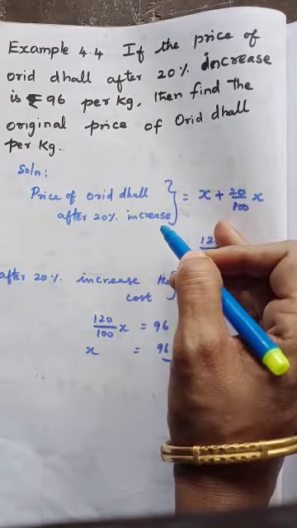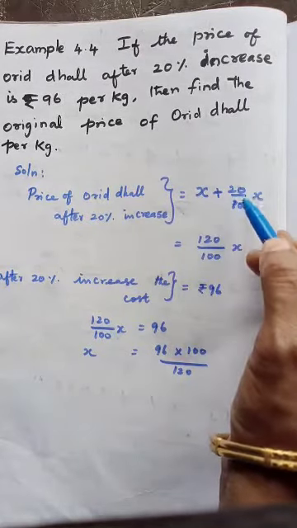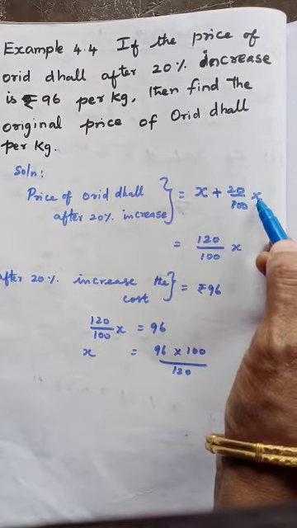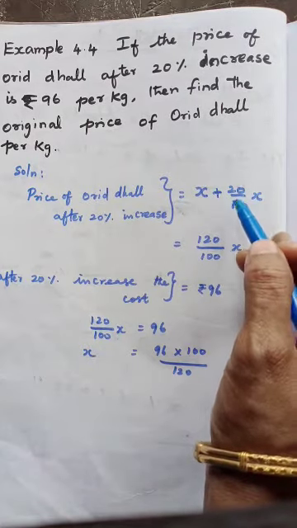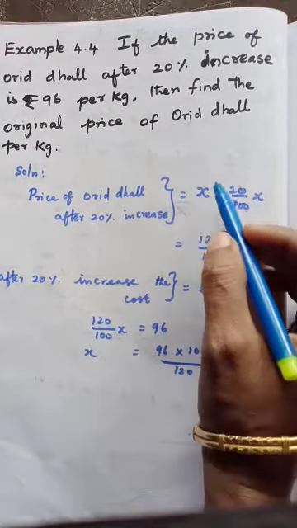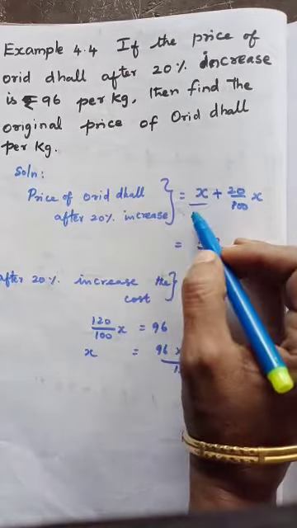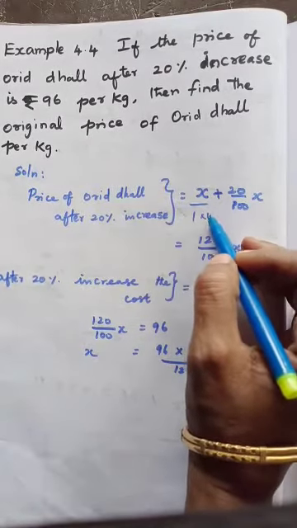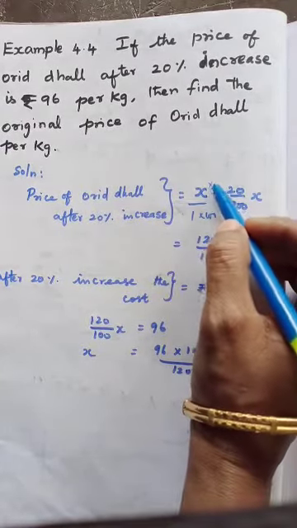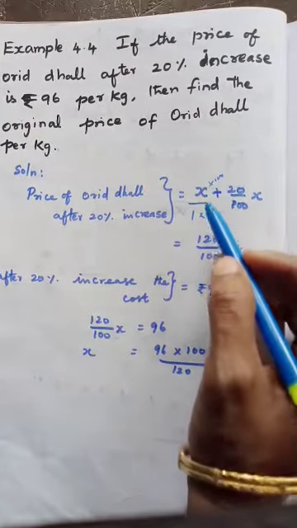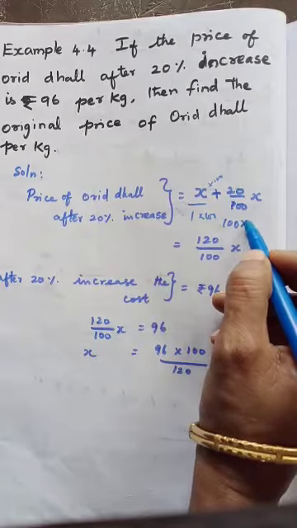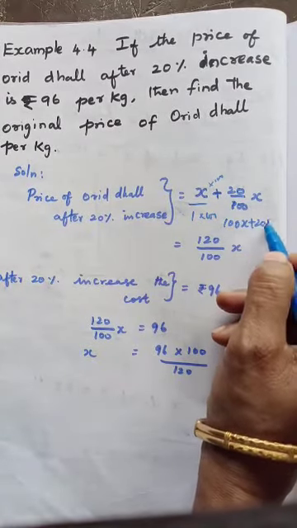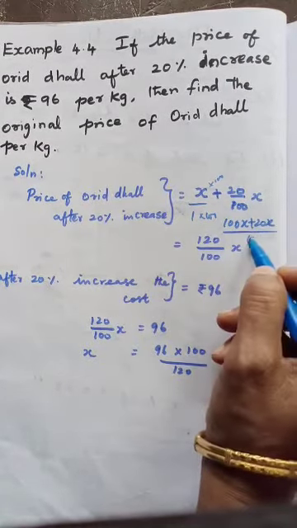After a 20% increase, we can write this as 20 by 100 into x. In this x, the increase of 20%. Okay. So you have to write the LCM for this. Here plus, so 100x into 100. So 100x, you can write one more step here. 100x plus 20x by 100.